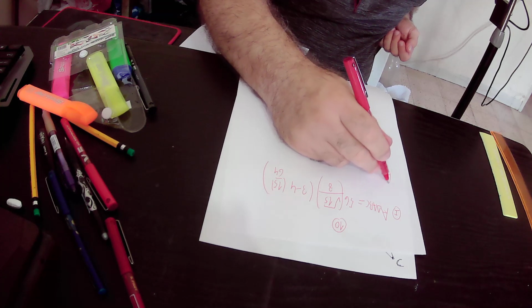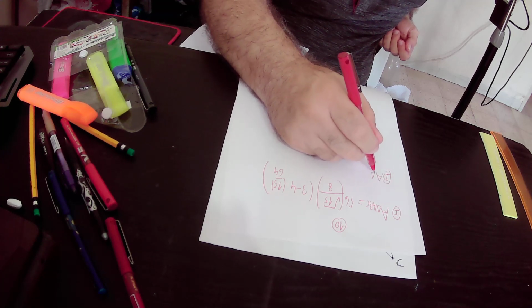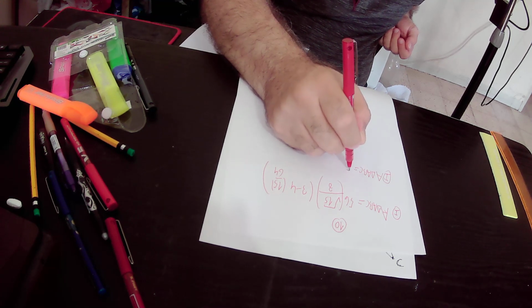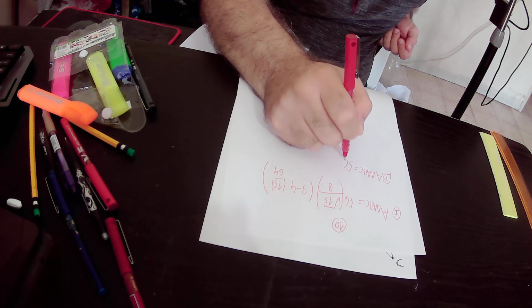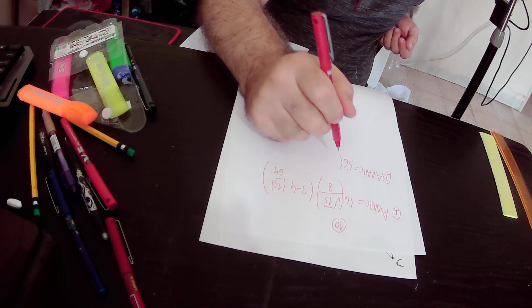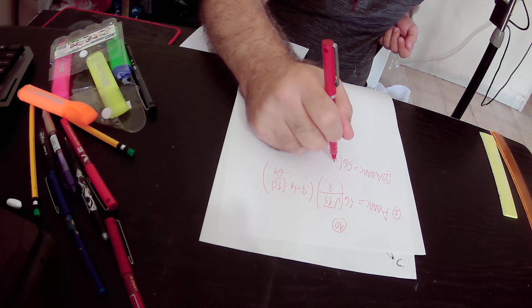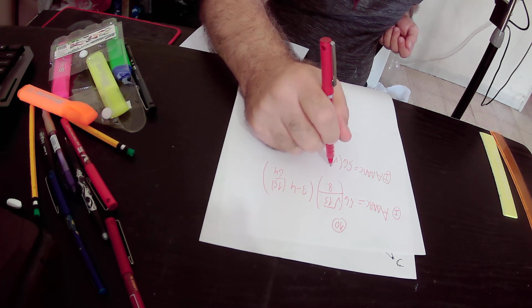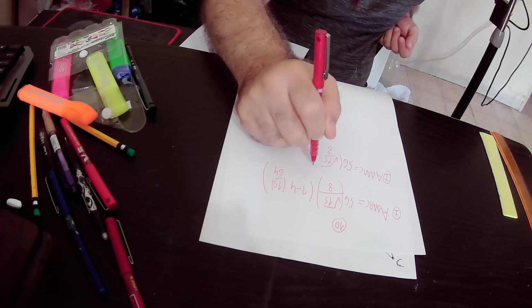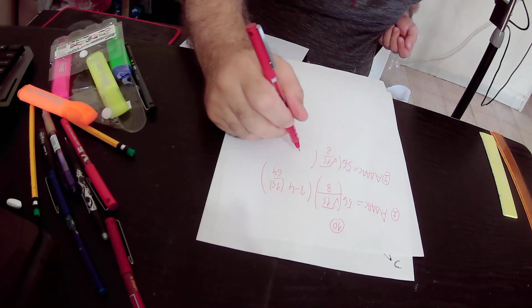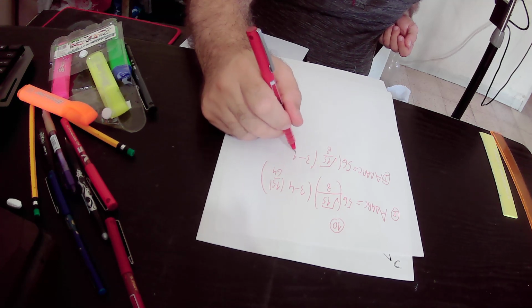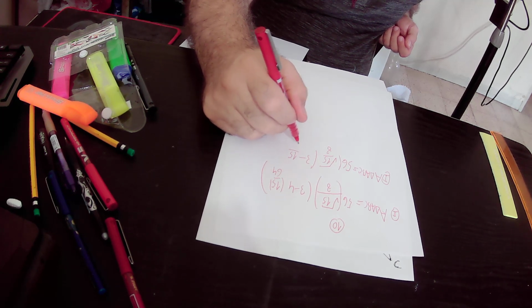The area of triangle ABC equals to 56 times root 15 over 8 times 3 minus 15 over 16.